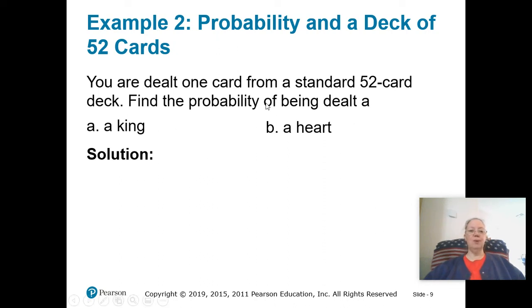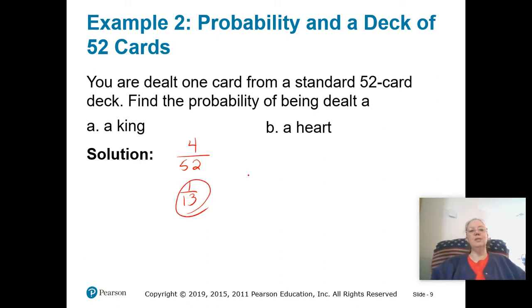Find the probability of being dealt a king. Well, there are four kings, one of each suit: a king of spades, king of clubs, king of hearts, and king of diamonds, out of 52. You simplify that and you get 1/13.